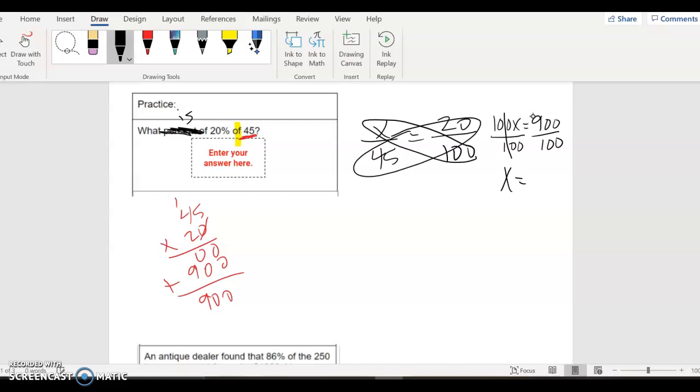Those cancel. We can take a 0 away from top and bottom, take a 0 away from top and bottom, which leaves us with 9 over 1. So x is 9. No percent sign this time because we had our percent, it was 20. We were looking for the part because x was on top over here.